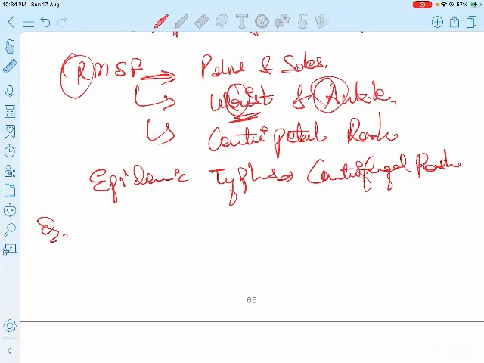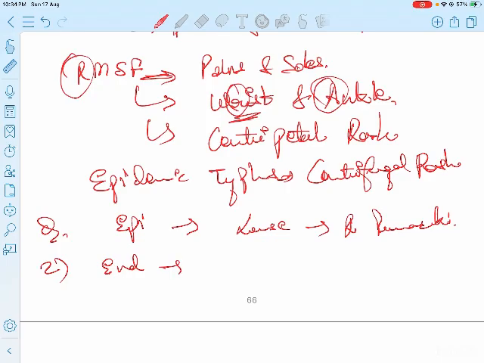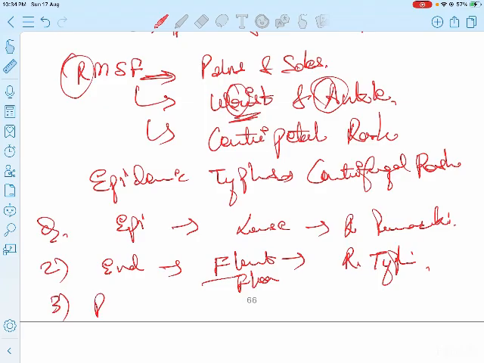Now a quick recap of all of these. Epidemic typhus vector is Louse, caused by Rickettsia prowazekii. Then endemic: Flint is the mnemonic, flea is the vector, and it's caused by Rickettsia typhi. Then your Rocky Mountain spotted fever: tick, tick is spotted.